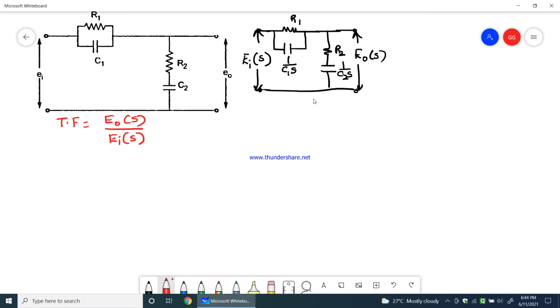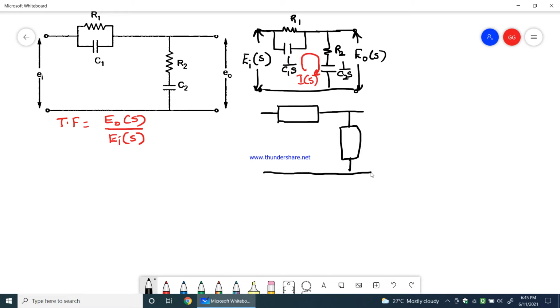Now I'll try to take a current through this particular circuit. So I'll say I of S is the current through this entire circuit. Instead of this, I'll just write another circuit here. This would be another circuit which I can write. Here this is Z1 and this is Z2.